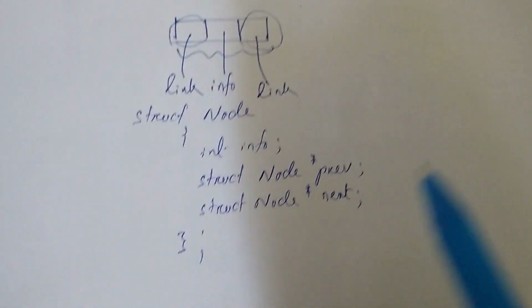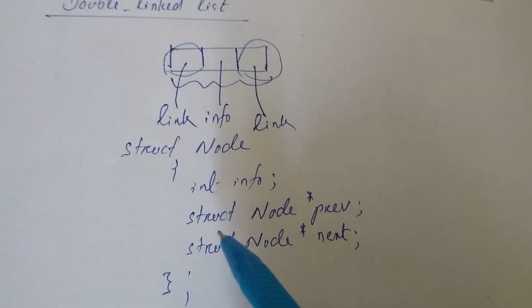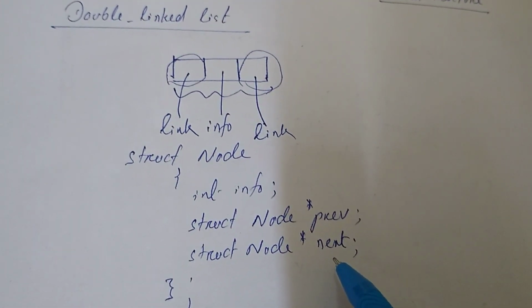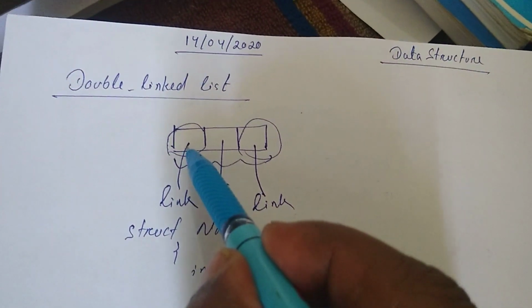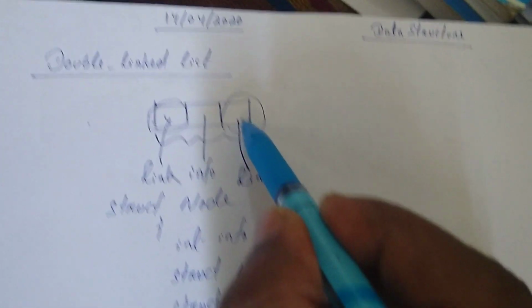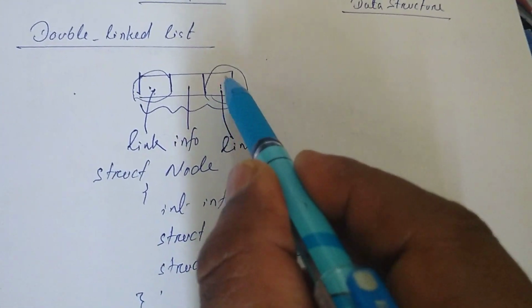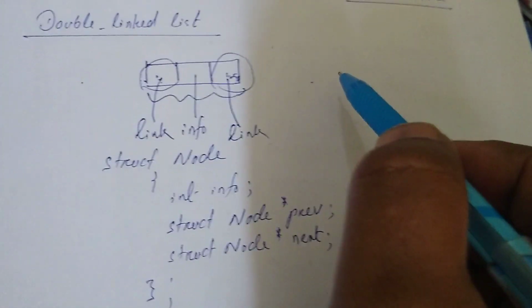Previous will be the link part where it will store the address of the previous node, and next is the link part where it will store the address of the next node. The previous pointer stores the address of the previously present node, and the next pointer stores the address of the next node.